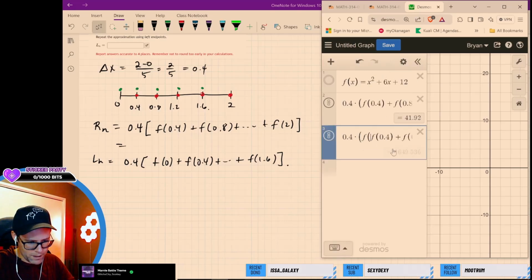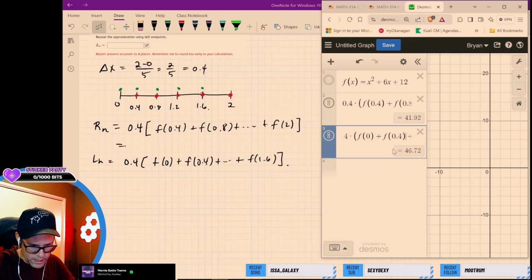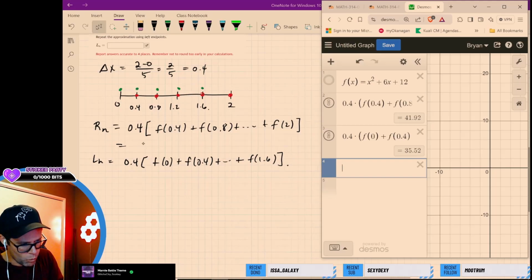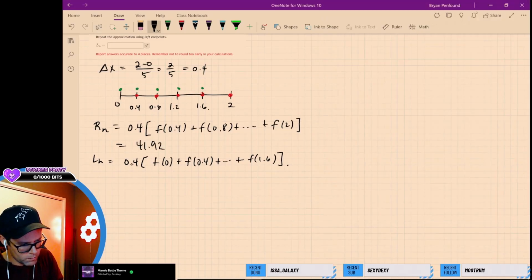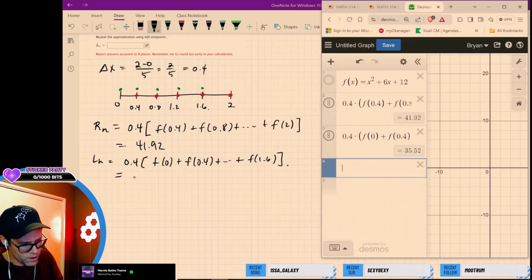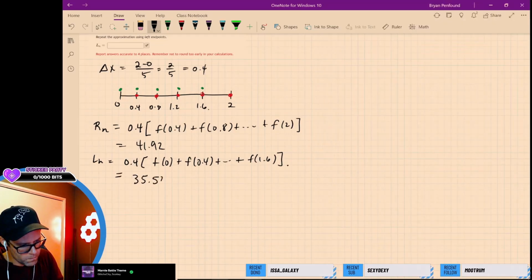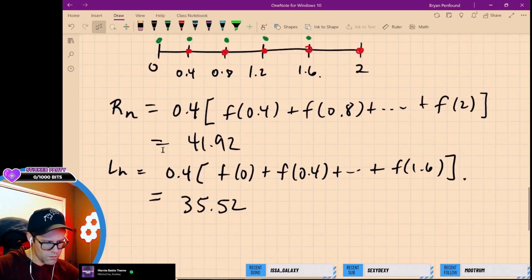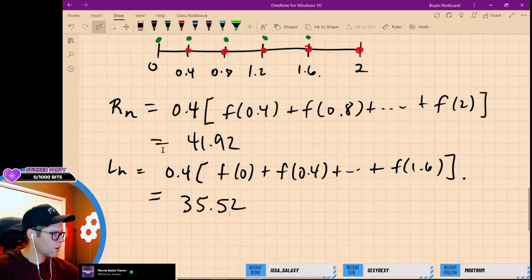I need to add F at 0 for the left endpoints and then delete the F at 2, right? I have to go up to 1.6 and then delete this F at 2. So those should be the two numbers that we're looking for: 41.92 and then 35.52. So there's the setup and execution for the right and left endpoints for that particular quadratic.